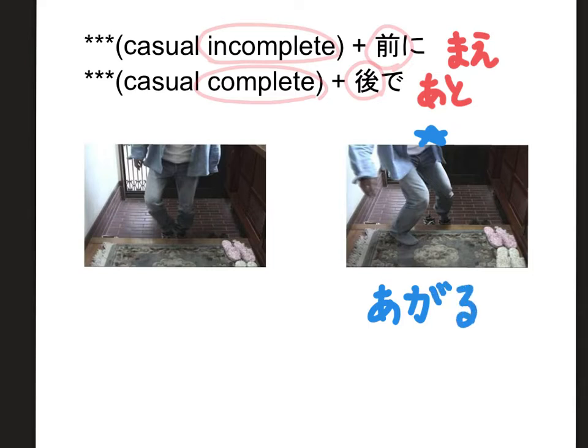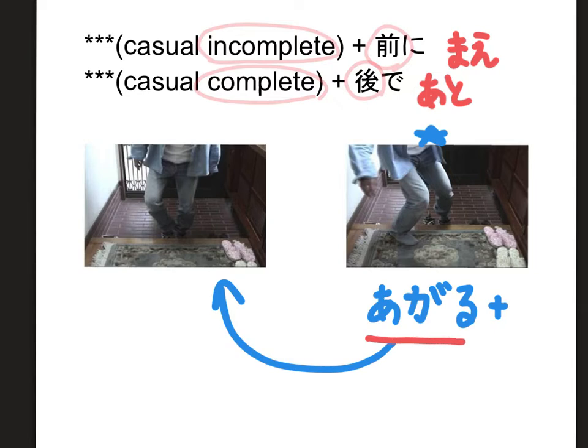I'm not writing the other part. Because we're going to start with this as the beginning of the sentence, before I step up, I take off my shoes, you have to use the plain form plus mae ni. So that phrase, before I step up, becomes agaru mae ni.